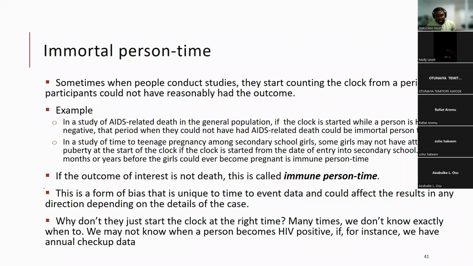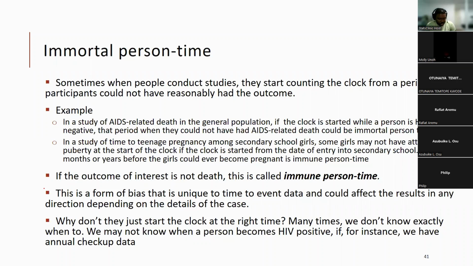But it's more convenient for you to include everybody who has HIV infection, maybe everybody in your center who has HIV infection. So even though you're including them at that time, it's unlikely that they will have AIDS-related death in the initial years of their disease. That period when they are unlikely to have AIDS-related death is immortal person time.